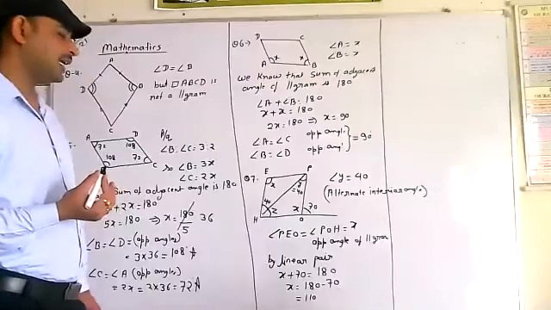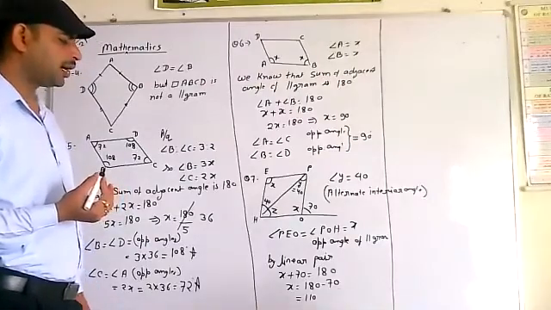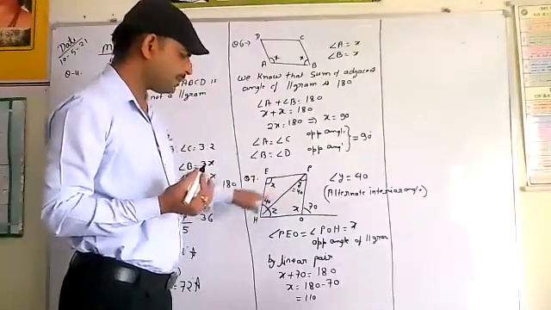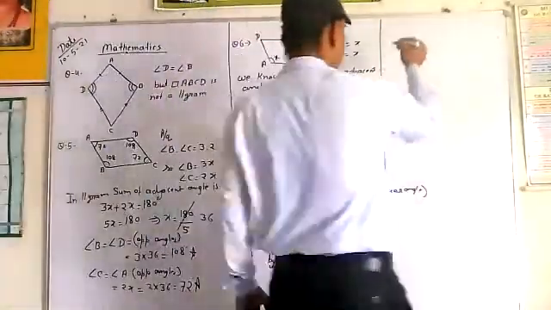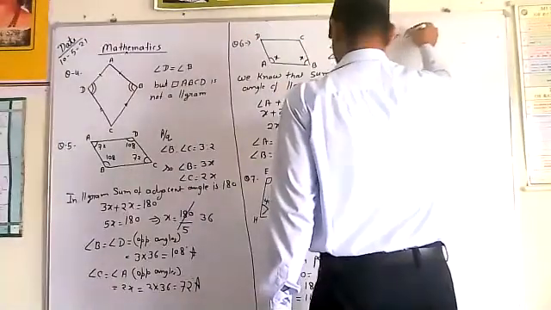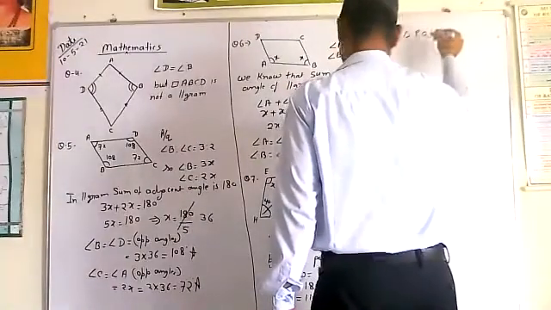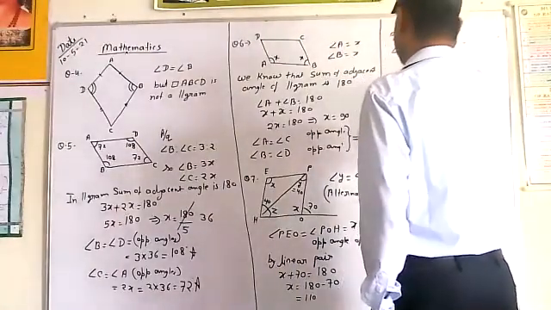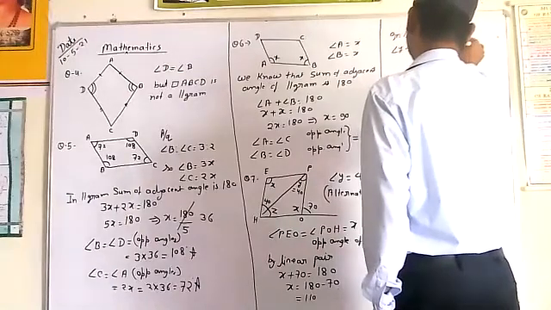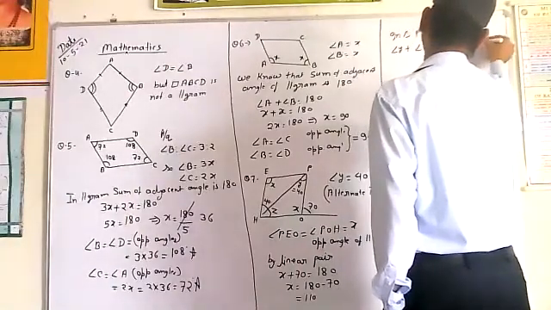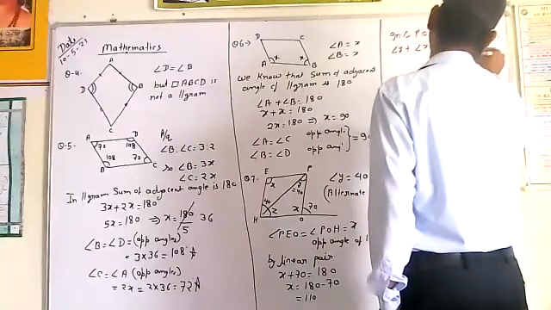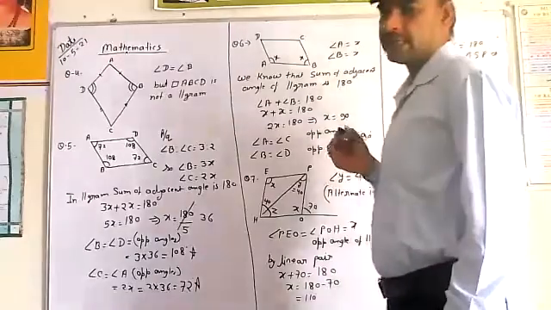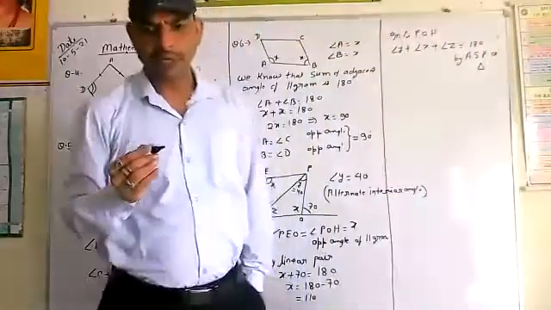Listen students, z. How to find the angle z? Here these three are angle sum property. In triangle POH, इस छोटे ट्रायंगल में angle y plus angle x plus angle z is equal to 180 degrees by angle sum property of triangle.